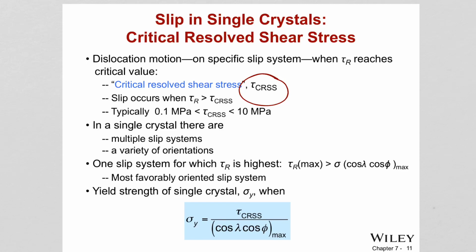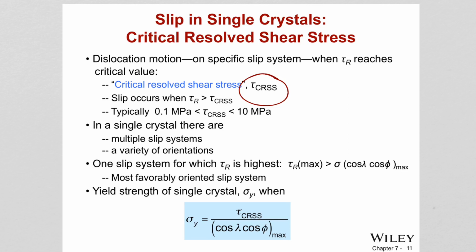So we know for a certain crystal structure there will be multiple slip systems. In a single crystal there will be multiple slip systems, depending on if it's FCC or BCC, right? And a variety of orientations in which the slip can happen. So which one is preferred? One of those slip systems is going to be the preferred, most favorable one. And that is the slip system that has the largest resolved shear stress.